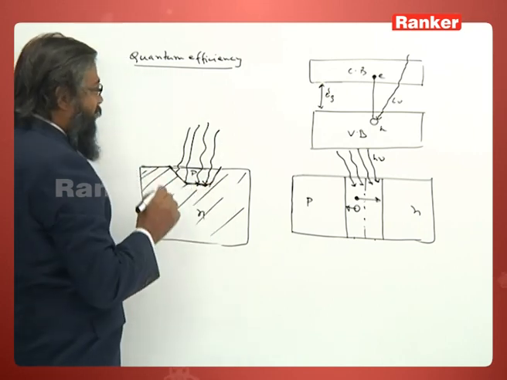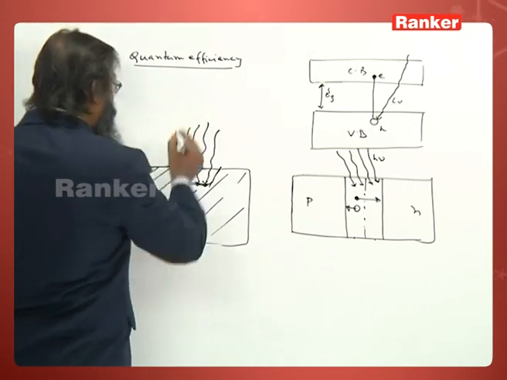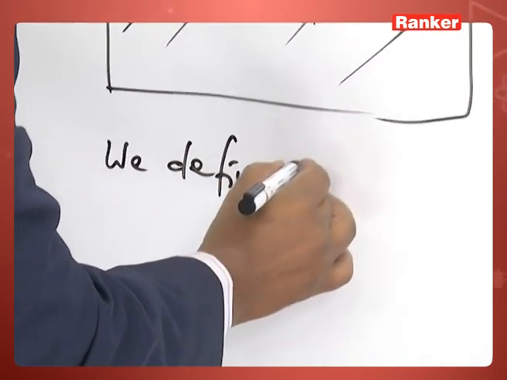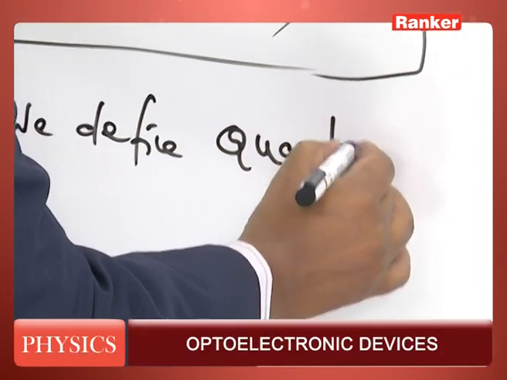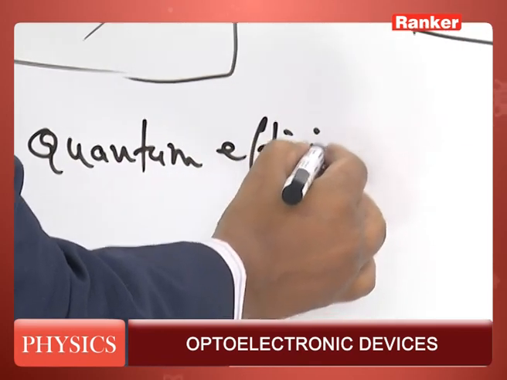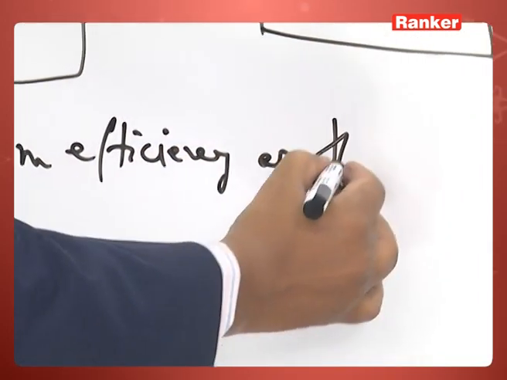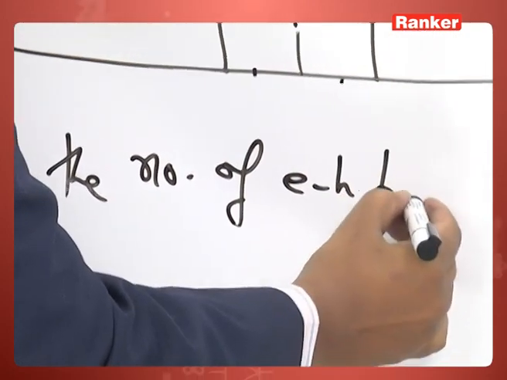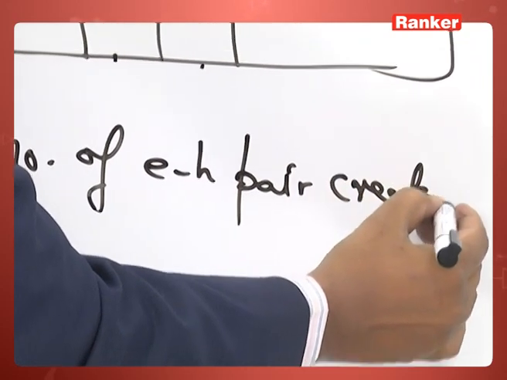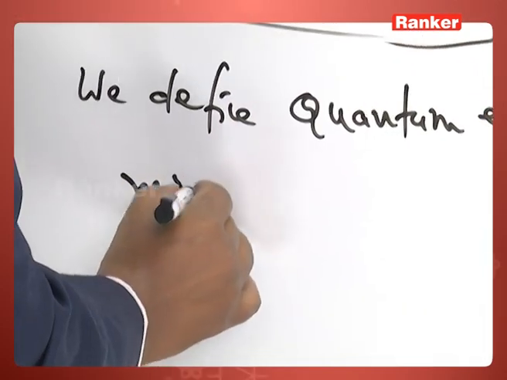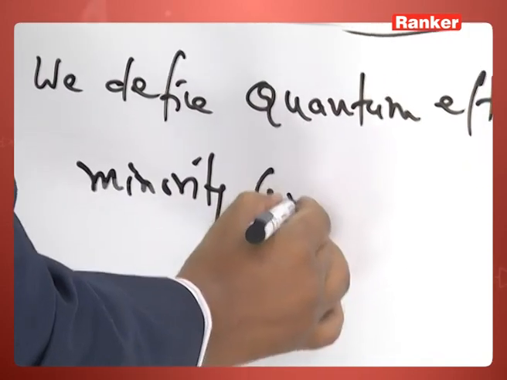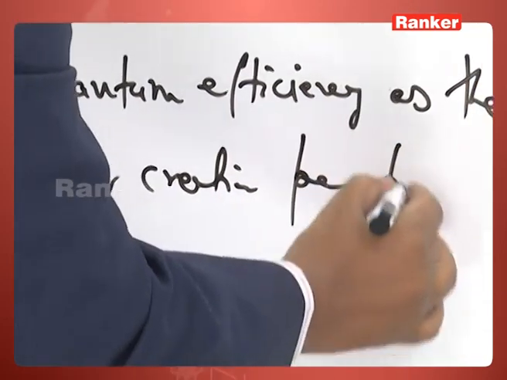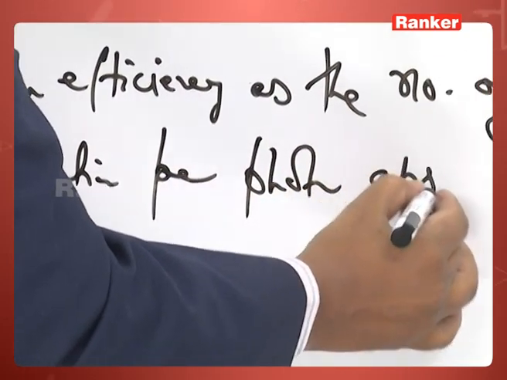So here, a very important point. First let us see what is quantum efficiency. We define quantum efficiency as the number of electron hole pairs created, or minority carrier creation, per photon absorbed.